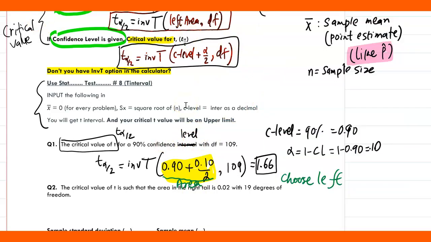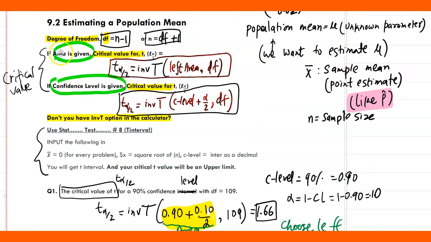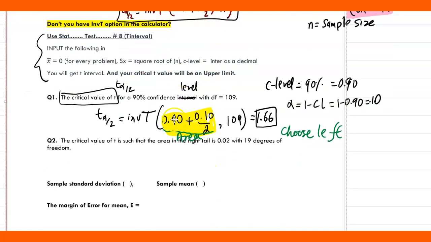Question number 2. Find the critical value of t such that the area on the right tail is 0.02. Area on the right is 0.02, right? But in the formula, if you remember, if area is given, you have to use the left area. But in this question, a right area is given on the tail.